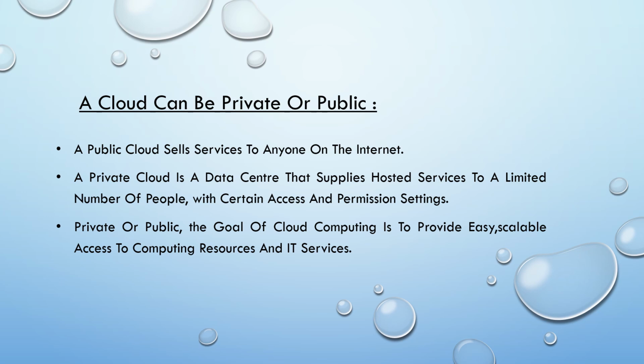A public cloud is one which sells the services to anyone on the internet, whereas a private cloud is a data center that supplies hosted services to a limited number of people with certain access and permission settings. So whether private or public, the goal of cloud computing is to provide easy, scalable access to computing resources and IT services.